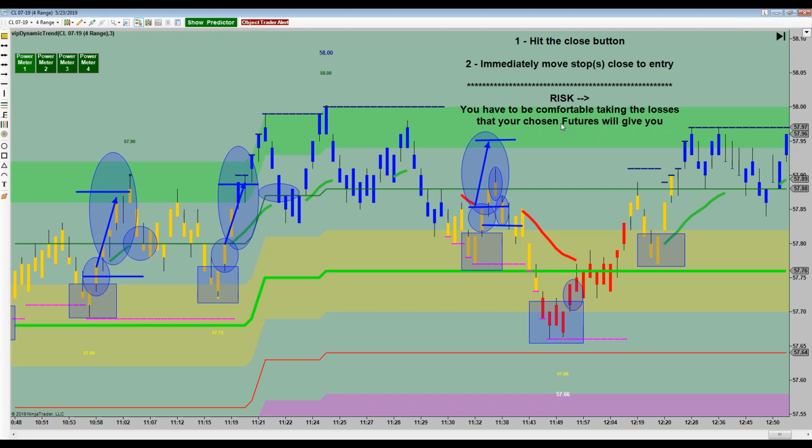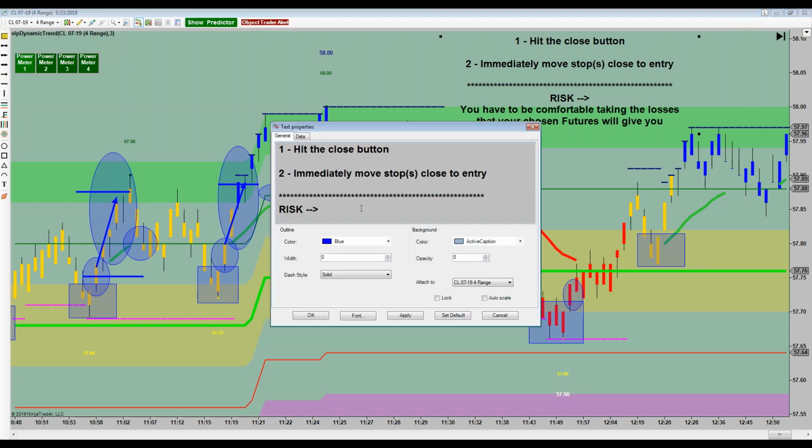Yes? The risk is different than crude oil than ES. You have to establish your risk. The risk is telling yourself how many dollars you stand to lose on any given trade.